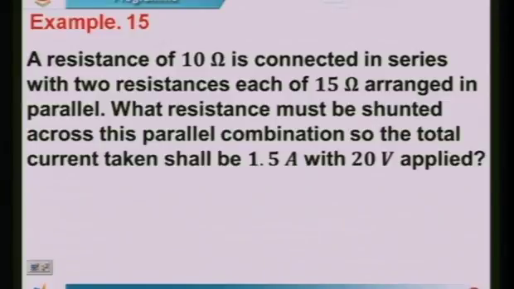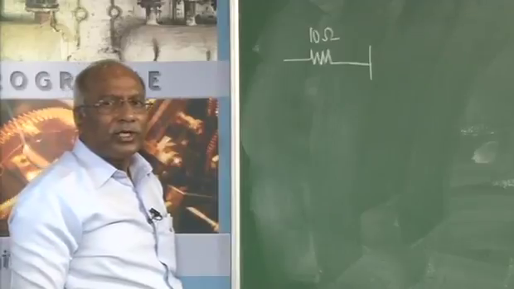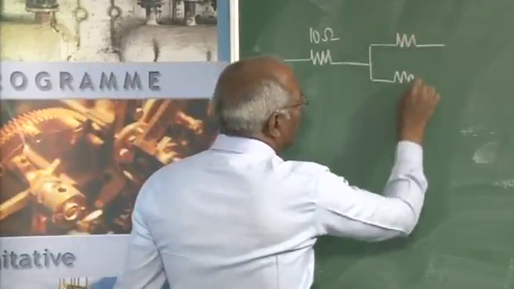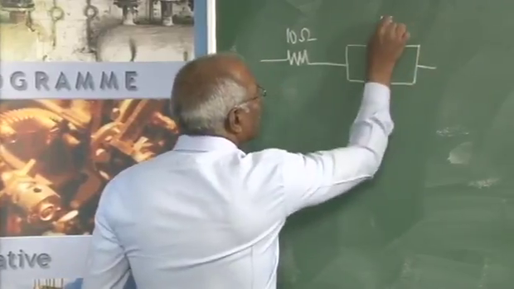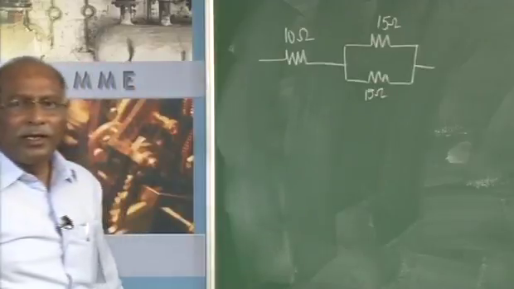What resistance must be shunted across this parallel combination so that the total current taken shall be 1.5 ampere with 20 volt applied? A resistance of 10 ohm is connected in series with two resistances, each of 15 ohm in parallel. So, this is 15 ohm, this also 15 ohm in parallel.